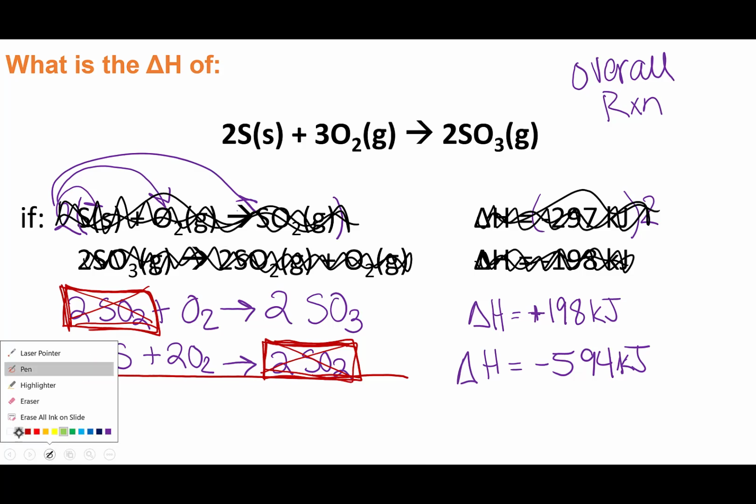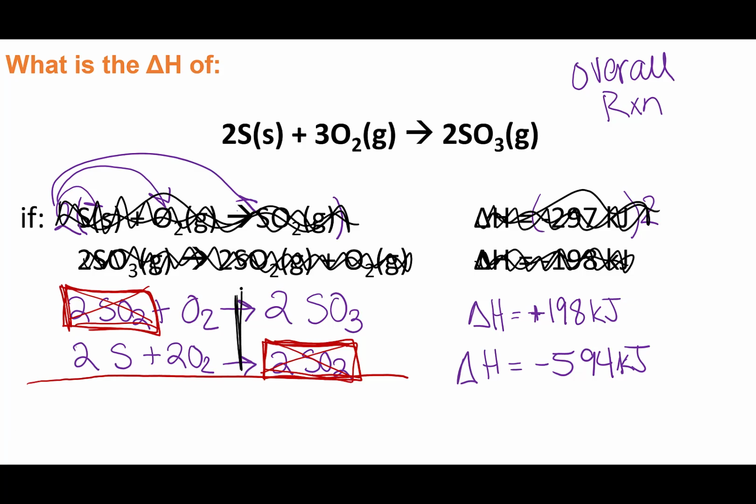All right, so let's add these 2 equations together and see if they're our overall reaction. From step 1, I have an oxygen. From step 2, I have 2 more oxygens and 2 sulfurs. Looking at my products, from step 1, I have SO3. From step 2, I have nothing. So does this look like our overall reaction? Almost.